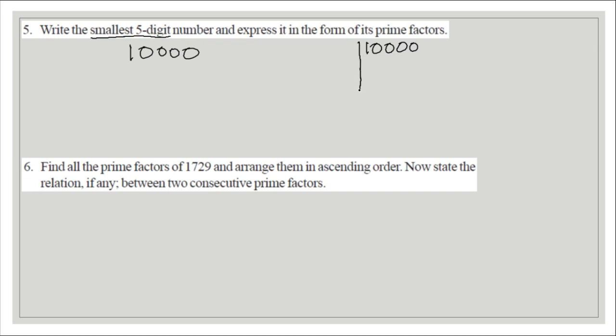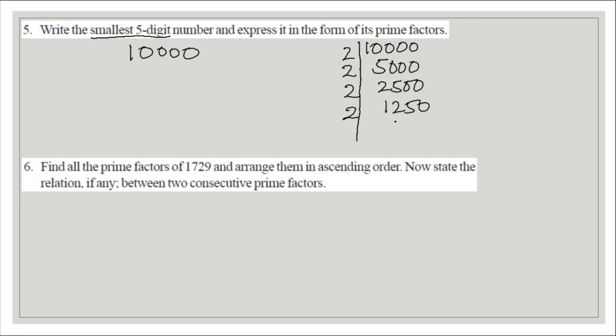Let me do prime factorization. I'll start dividing by 2. 10,000 divided by 2 is 5,000. Once again it is divisible by 2, giving 2,500. Once again divisible by 2, giving 1250. Once again it is divisible by 2.